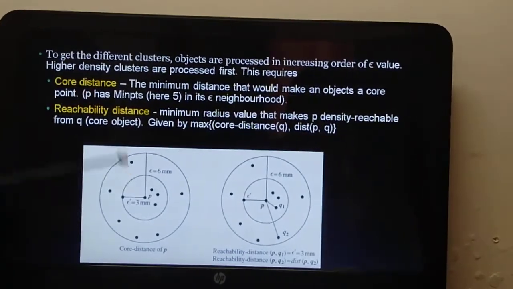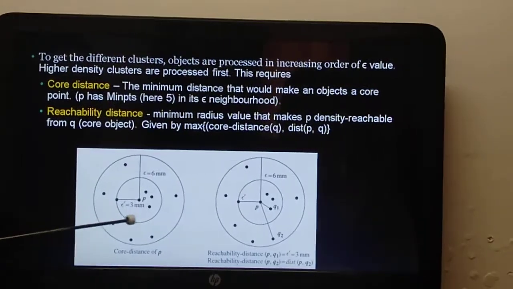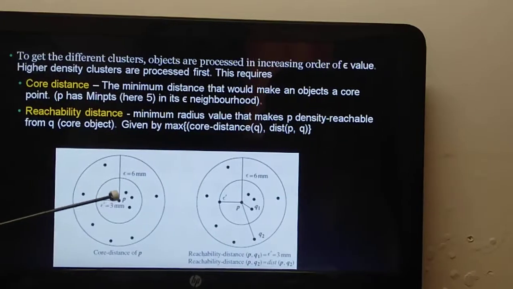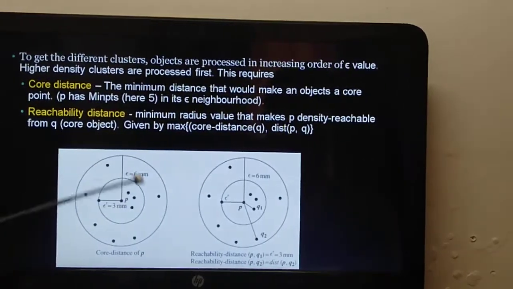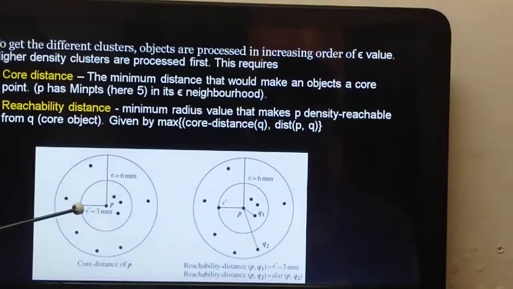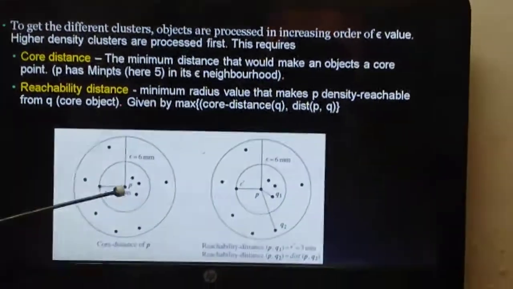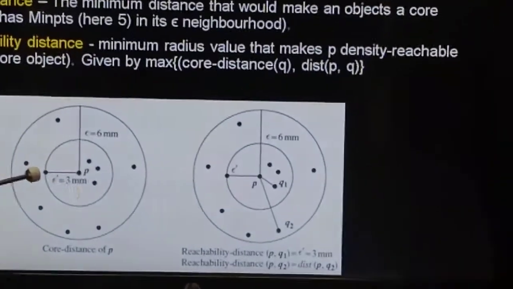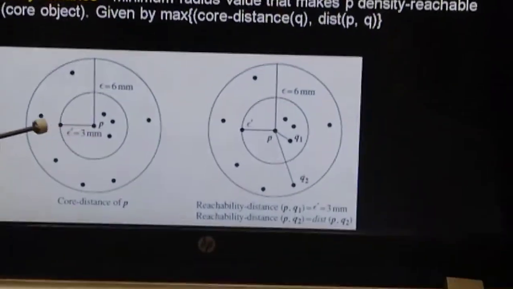Core distance is the minimum distance that would make an object a core point. Okay, so any point that we take, if 5 is our min points, then we will draw a circle with the furthest fifth point. So if you look over here, 1, 2, 3, 4, and this is the fifth point which is the closest to P. So that is our radius.